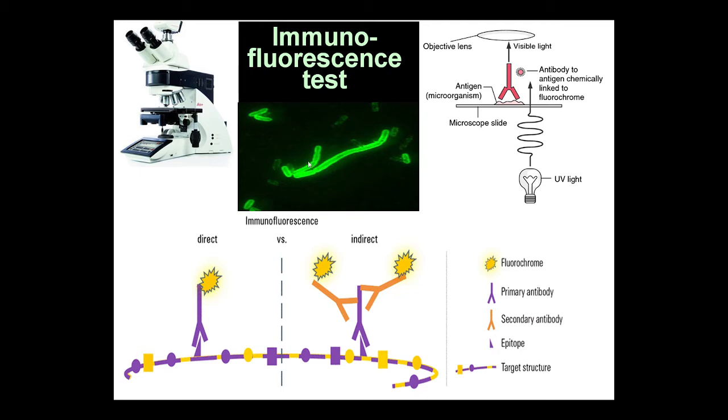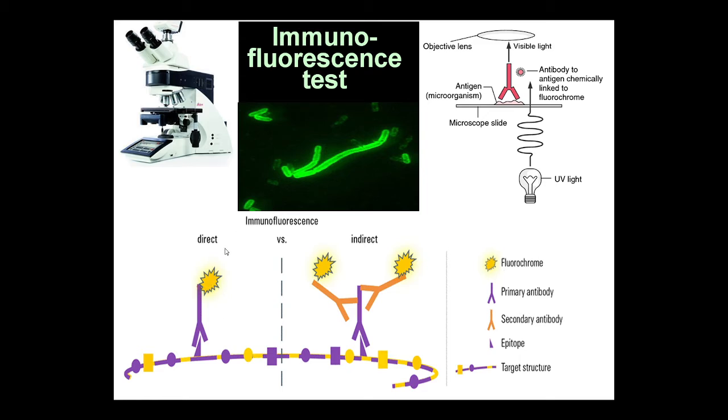You see capsules of these bacteria that are stained by the fluorescent dye, and when exposed to UV light, these capsules start to emit visible light, because they are stained by the specific antibody. In the lower left part you see specific antibody that is labeled by the fluorescent dye.